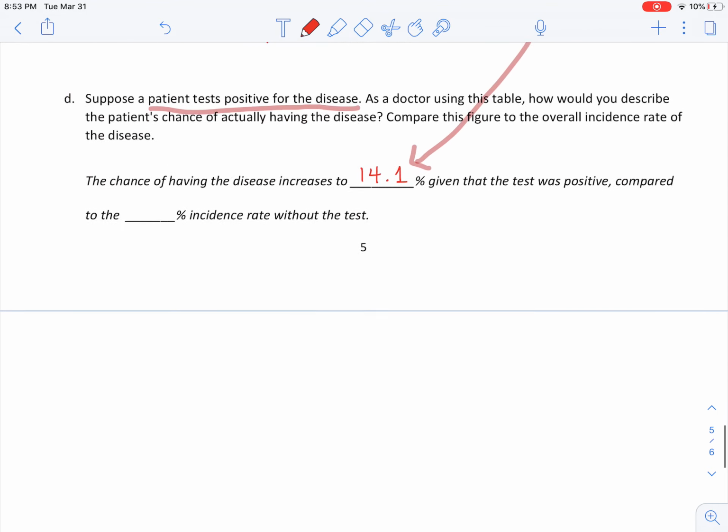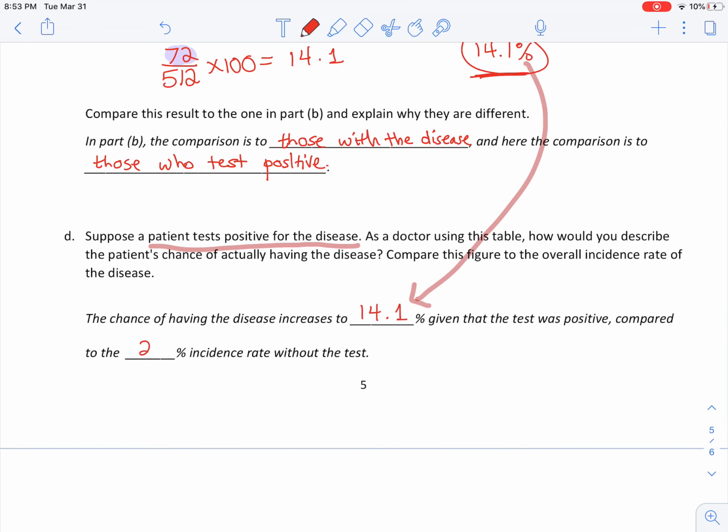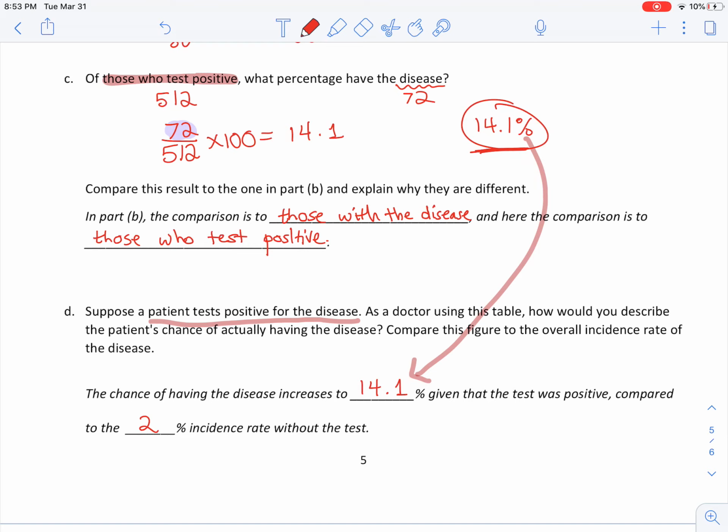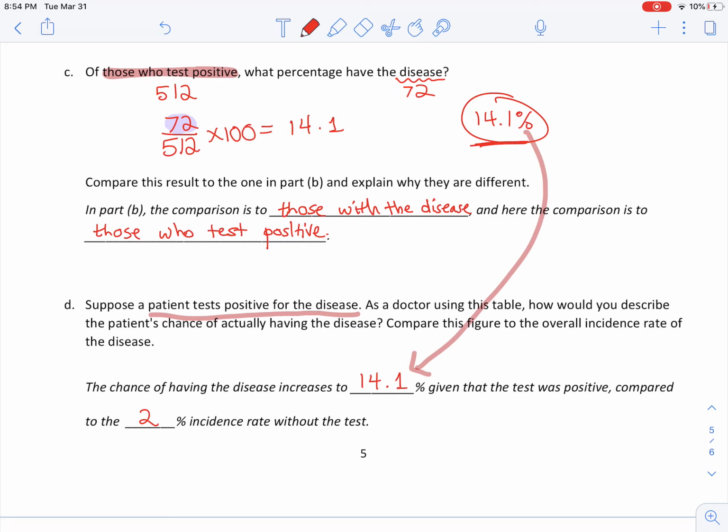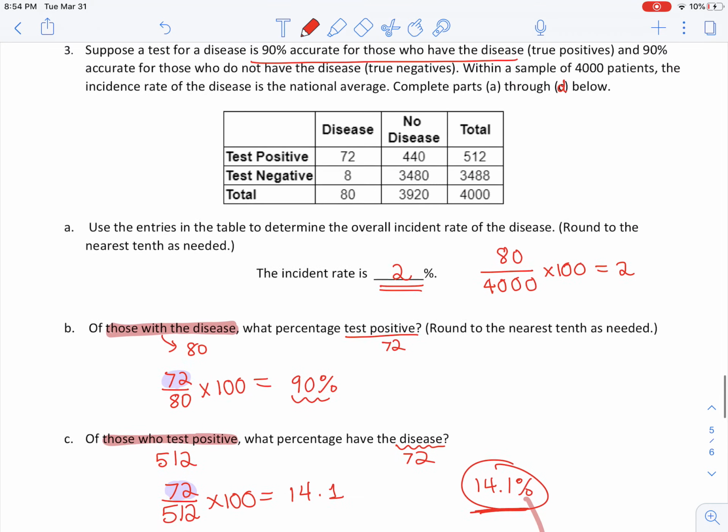The incident rate was only 2% out of everybody, right? 2%. So this test said something, but I wouldn't stop there. After you get a result, if the initial test says that you got this disease, maybe you should go back and do further testing, right?